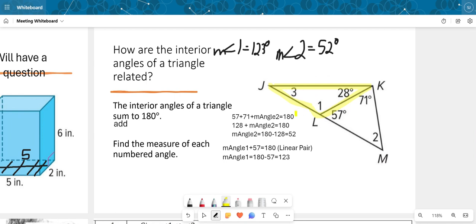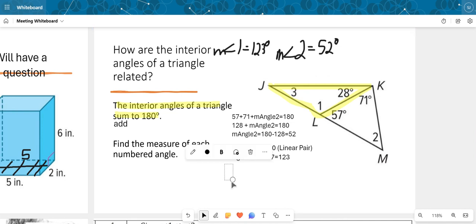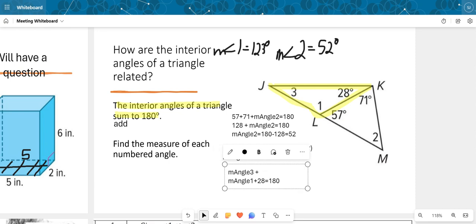These three angles together should make 180. That's what we're saying here. The interior angles sum to 180 degrees. So we go ahead and write something like that. Say the measure of angle 3 plus the measure of angle 1 plus 28 equals 180.